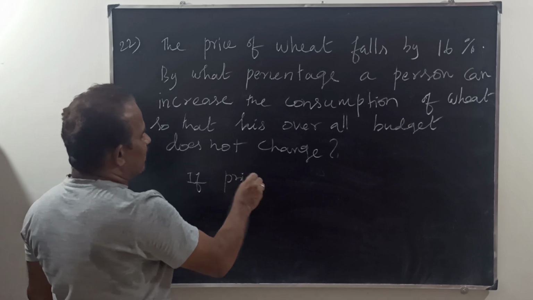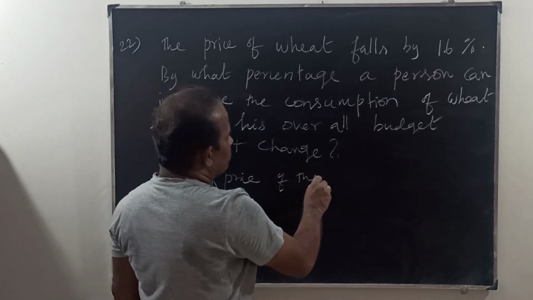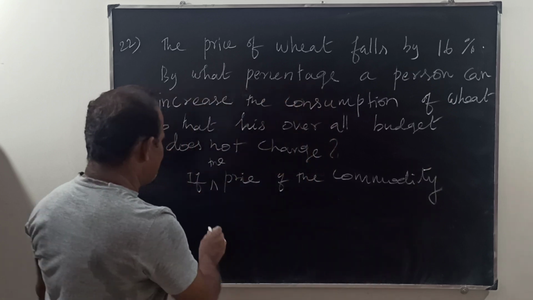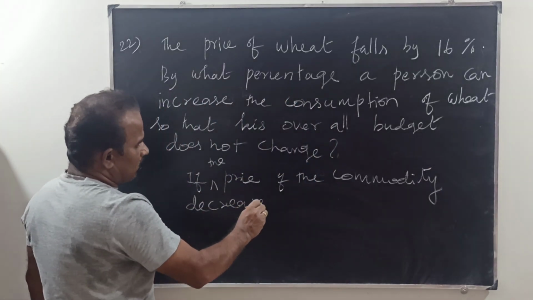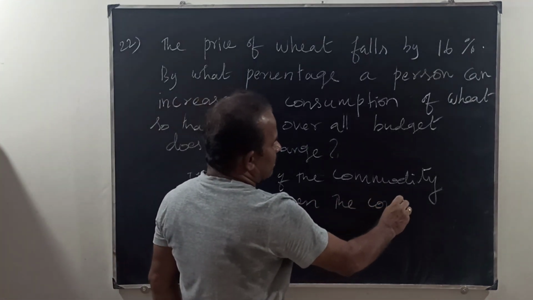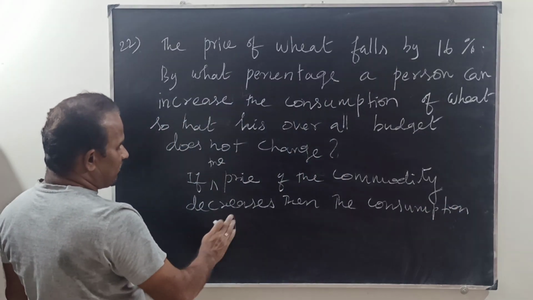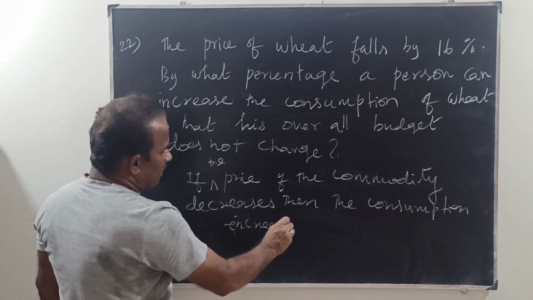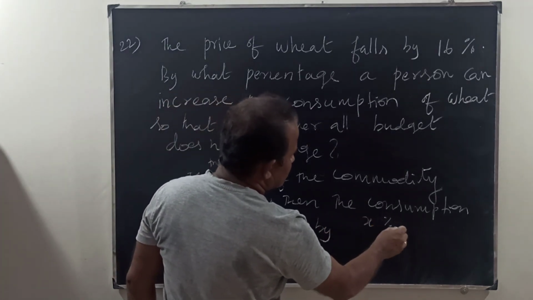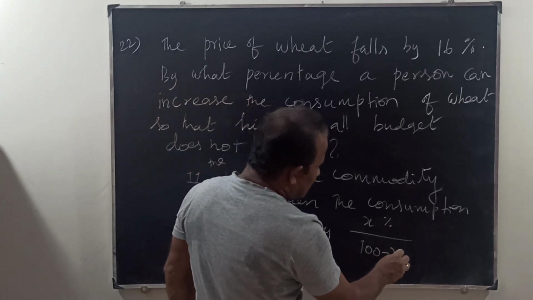If the price of the commodity decreases, then the consumption increases by x percentage divided by 100 minus x.